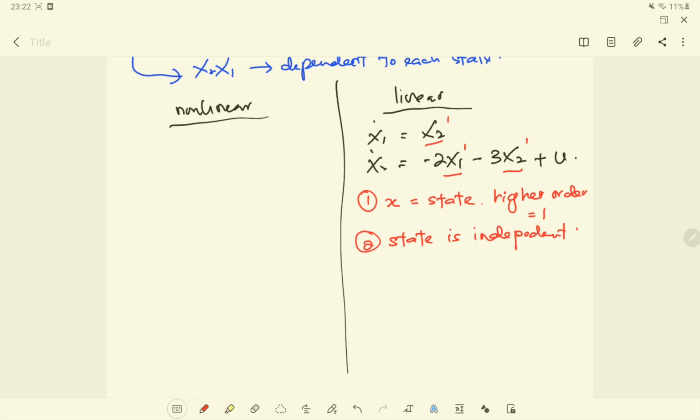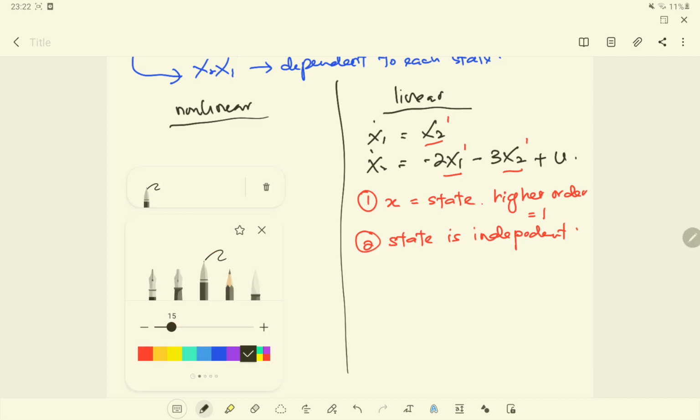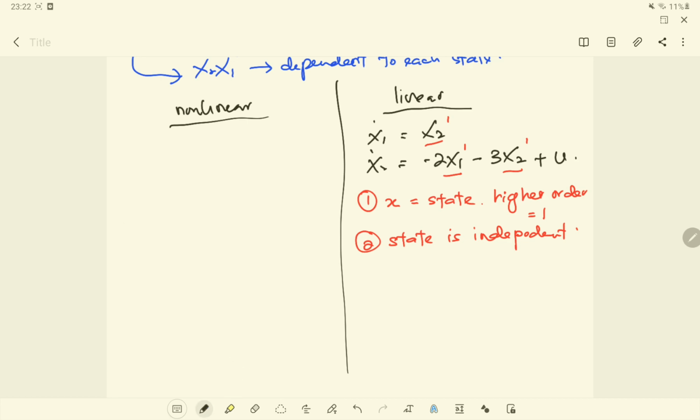While for a nonlinear system, say I give you one example: x1 dot equals x2, x2 dot equals negative 2x1 minus 3x2 minus x1 to the power of 3 times x2.